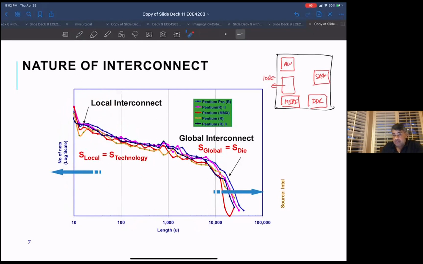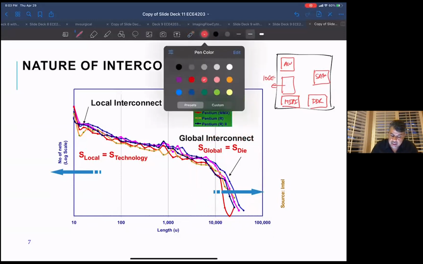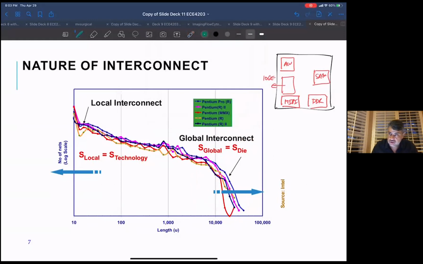This also has the advantage that most of the connections don't have a lot of resistance and capacitance, so it tends to reduce the excess power consumption and excess delays that you see with long connections. Then very few connections will turn out to be extremely long. For example, you might have 1, 2, maybe 10, depending on how many clocks.